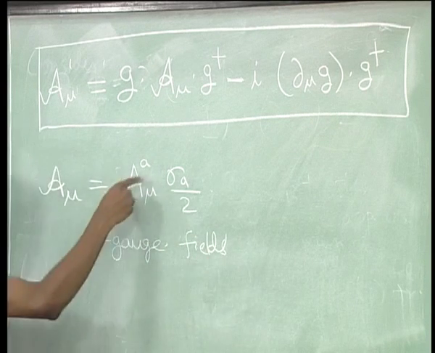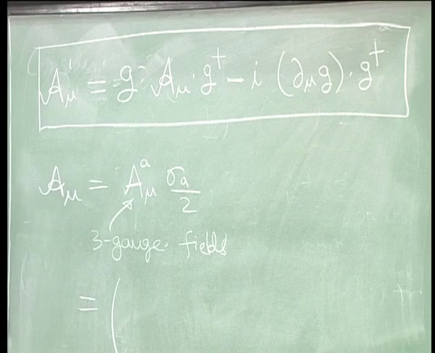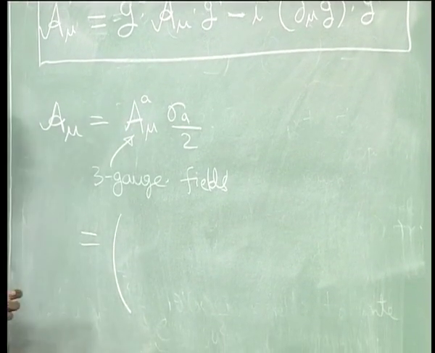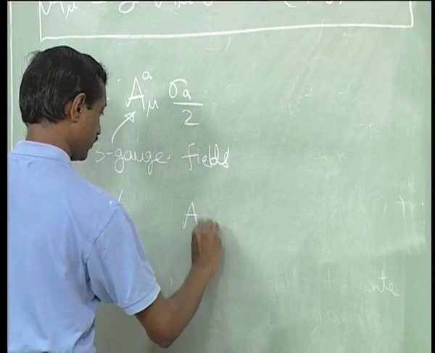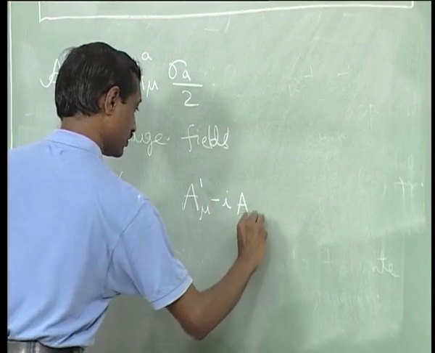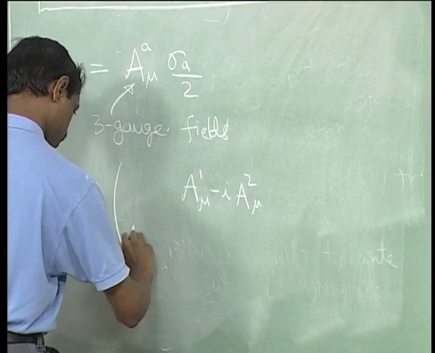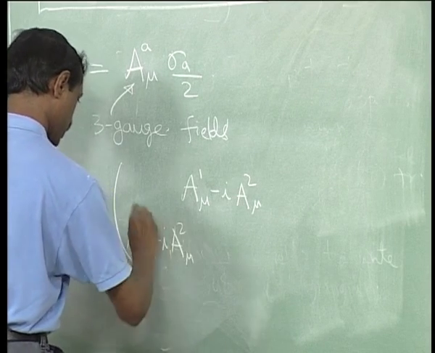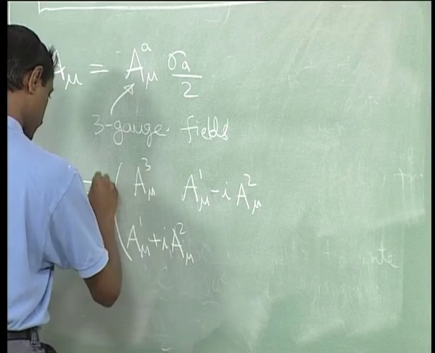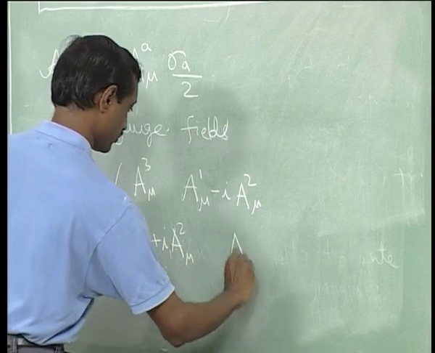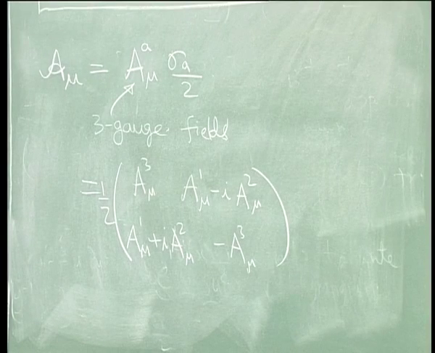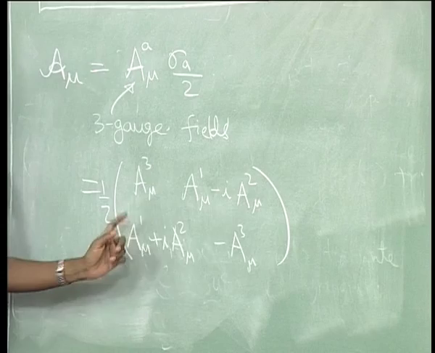So let us see how this matrix looks. Let me write it out. Let us take the first case, A mu 1. So this actually represents this.